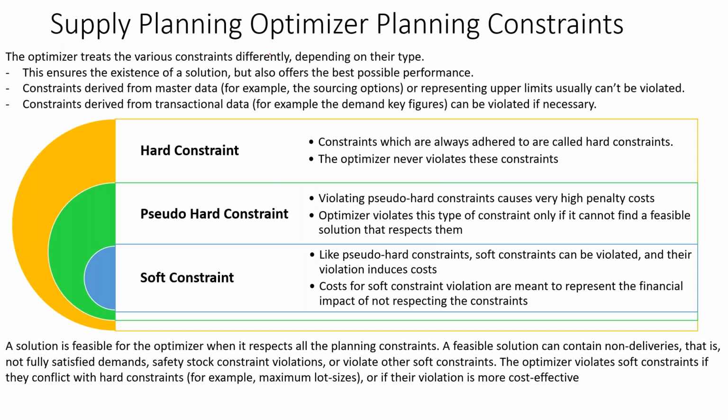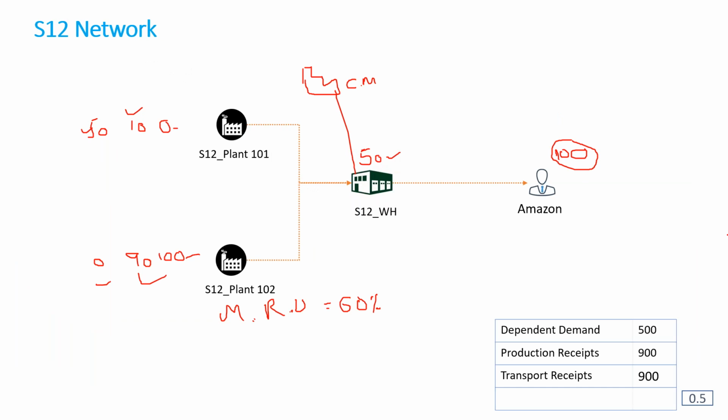The optimizer treats various constraints differently depending on the type. Yes, so it treats them differently depending on the type, right?